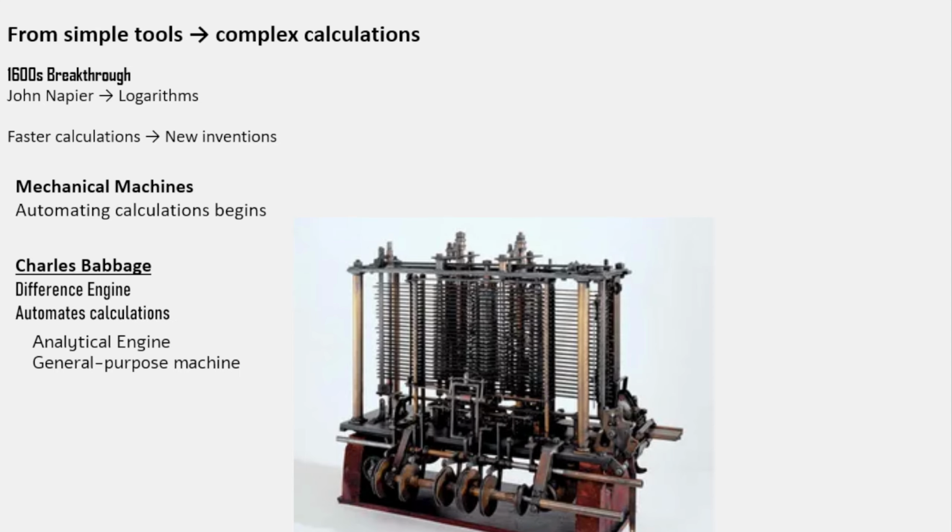And unlike his earlier machine, this one wasn't limited to a single calculation. It was meant to solve different kinds of problems depending on the instructions it received. That idea was revolutionary for the 1800s. The machine was designed with separate sections, each responsible for a different task.